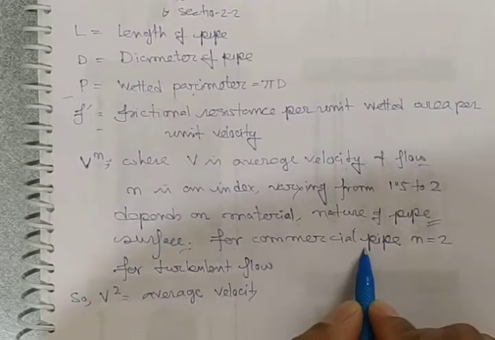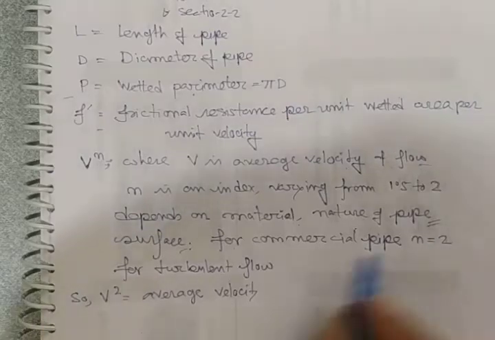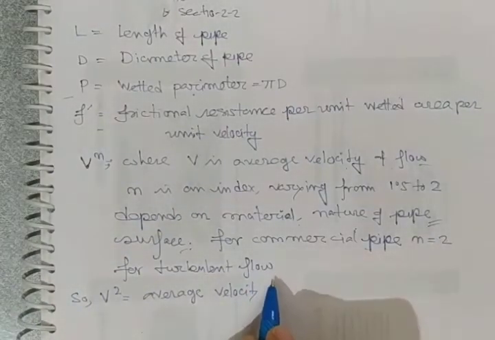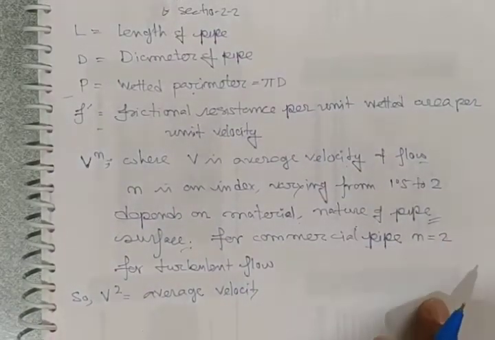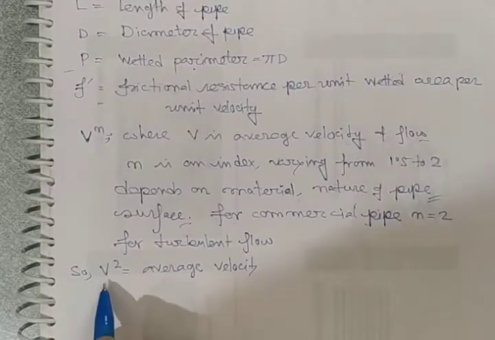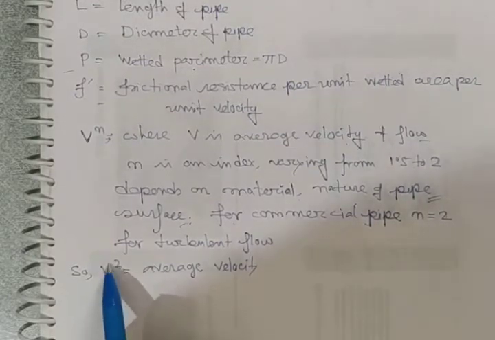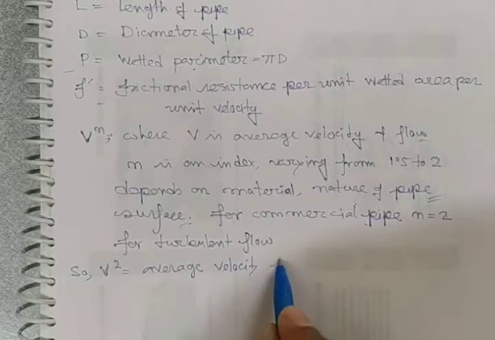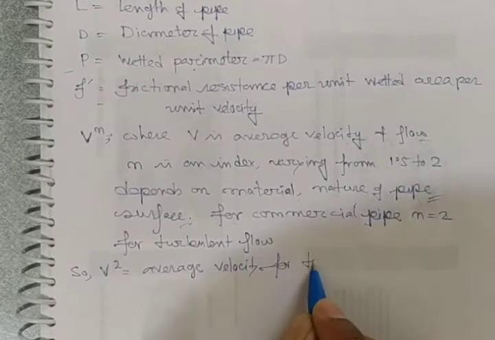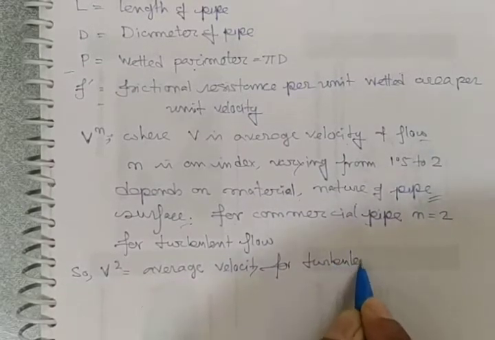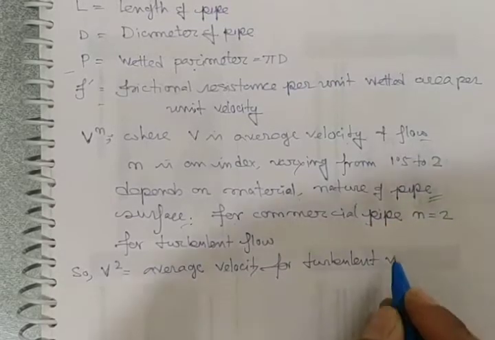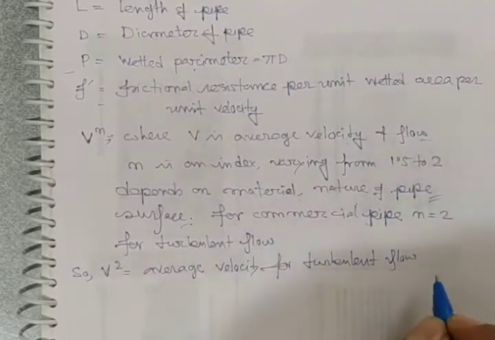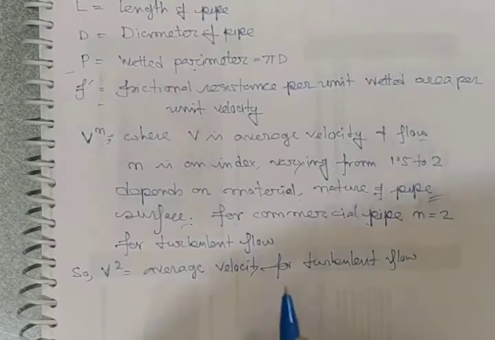For commercial pipe, n is equal to 2 for turbulent flow. For this case, we are considering n equal to 2. So the average velocity term is V square for turbulent flow, and for laminar flow it is only V.